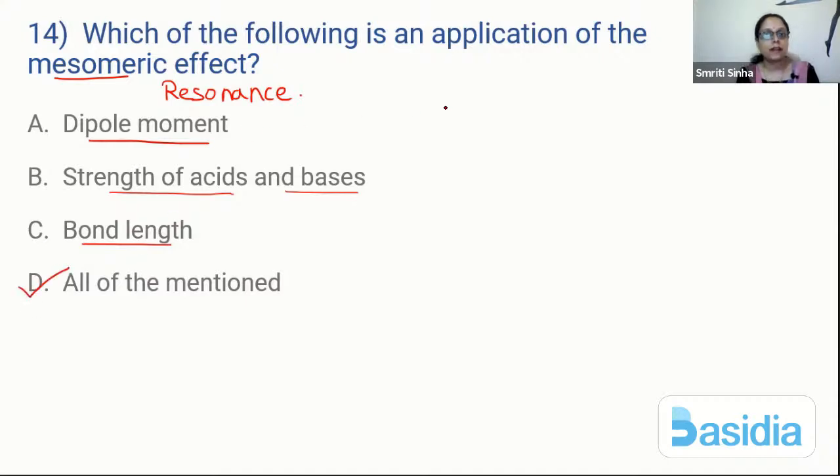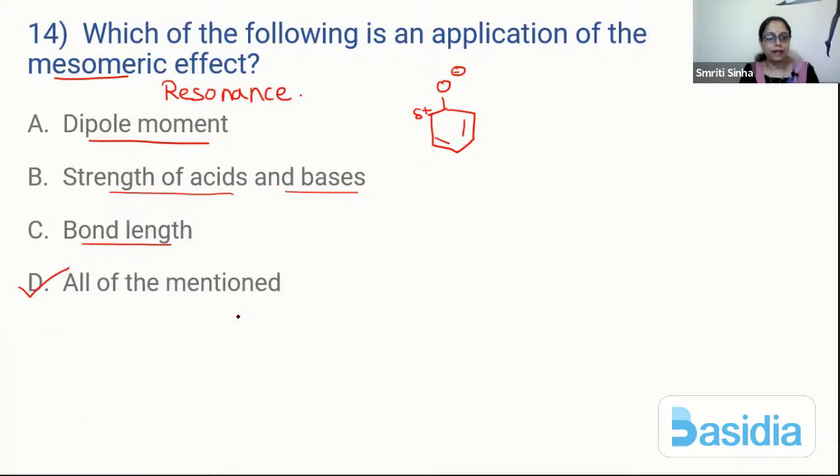Resonance effect can tell you which group is electronegative and electropositive, which causes the polarity in the molecule, that is dipole moment. Next, strength of acids and bases can also be explained by resonance effect. You can take a simpler example, phenol and alcohols.